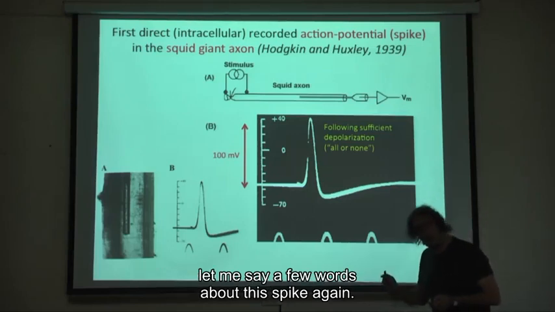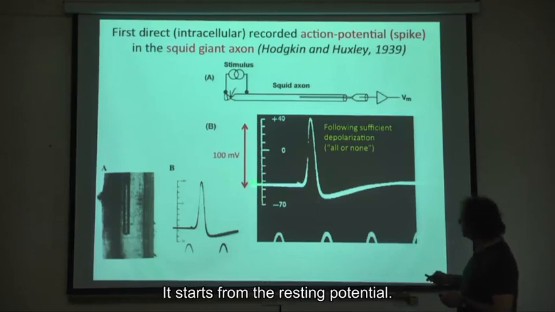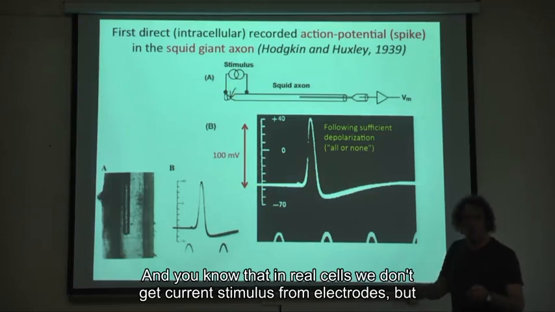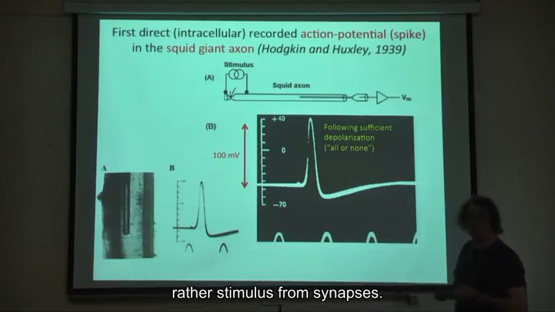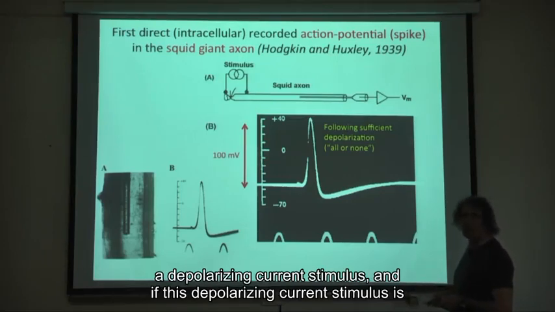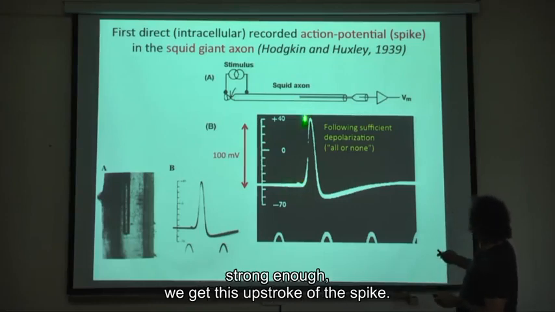So let me say a few words about the spike. Again, it starts from the resting potential. It requires a stimulus, in this case current stimulus, and you know that in real cells we don't get current stimulus from electrodes, but rather stimulus from synapses. But here there is a current stimulus into the axon, a depolarizing current stimulus, and if this depolarizing current stimulus is strong enough, you get this upstroke of the spike.